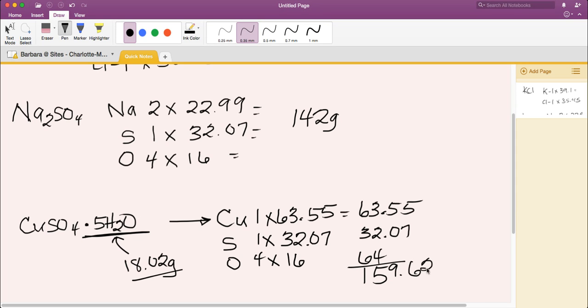We're now going to take this mass and multiply it times 5 moles of water. So we're going to take the 5 and multiply it times the mass of water. And for that number, you should get 90.1.